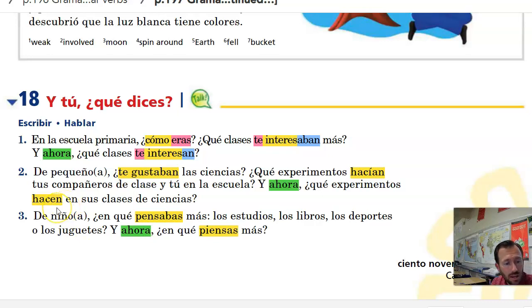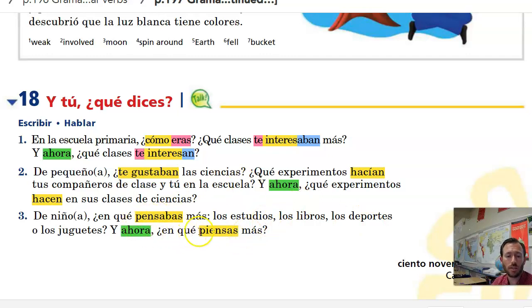De niño, de niña, yo pensaba, change the ending from abas to aba, if you're talking about yourself. Yo pensaba más en los libros, if you love books. Yo pensaba más en los deportes, if you love sports. Or pick something else, if one of these doesn't fit.